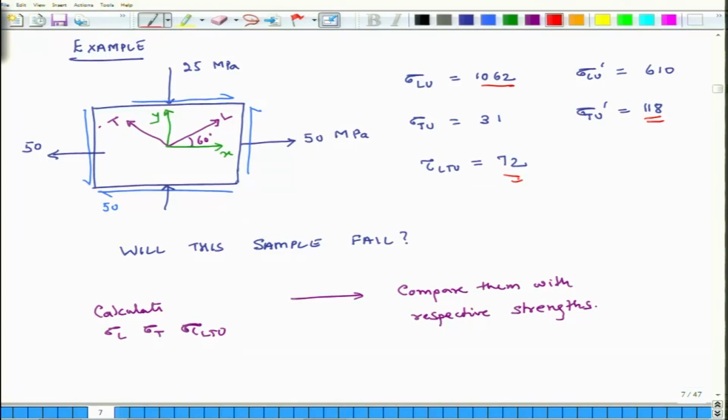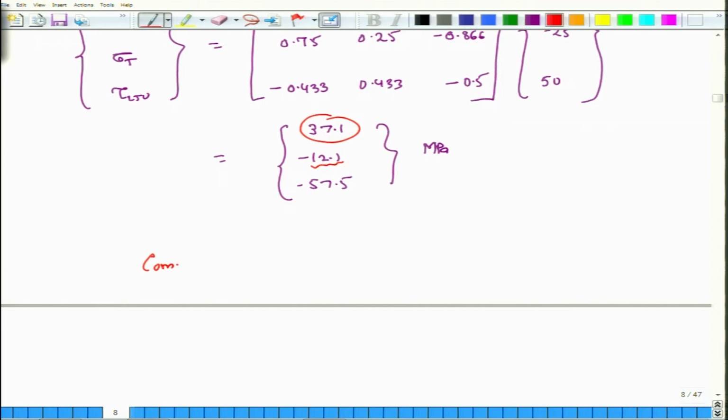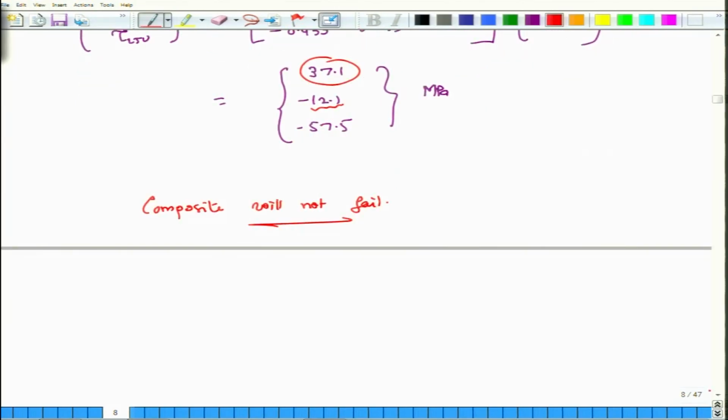So, we can say that composite will not fail. Okay. This is our conclusion.